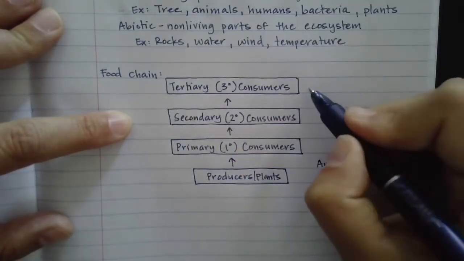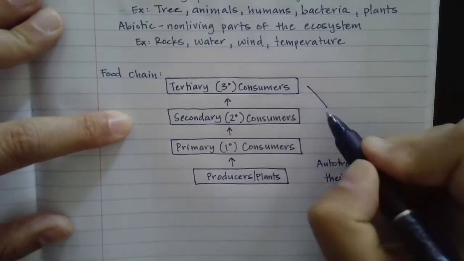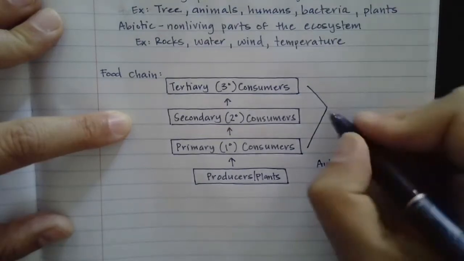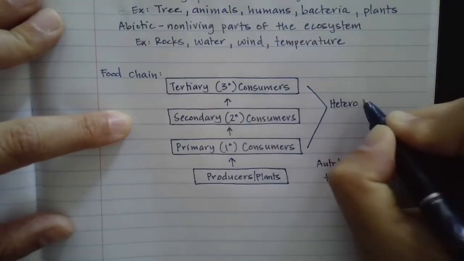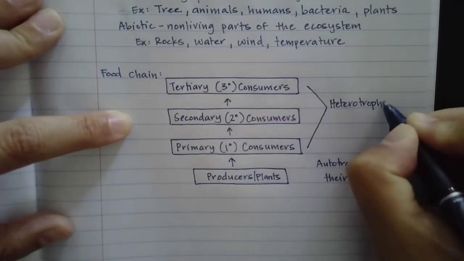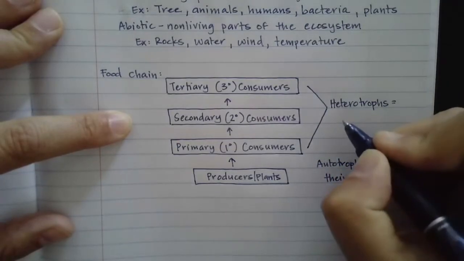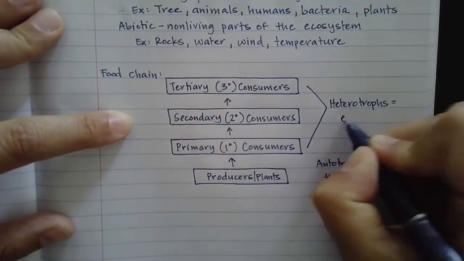And so all of these things that are consumers, they are all heterotrophs. Which means that they are going to be eating food.